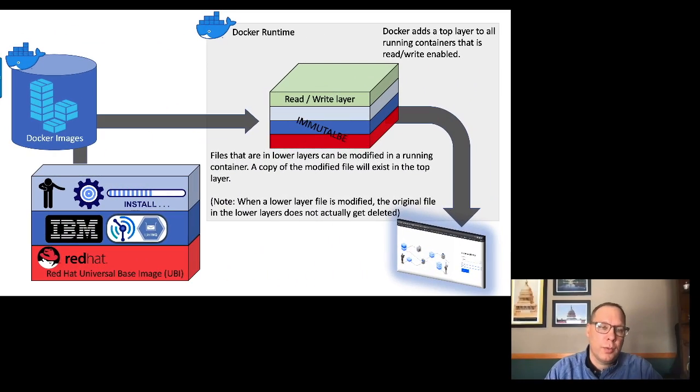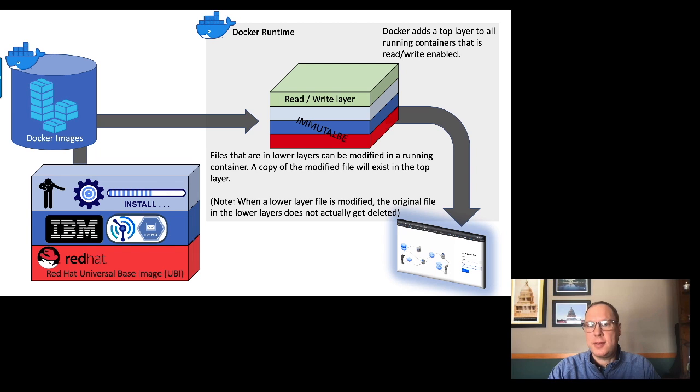Okay, so if you watched the previous video, we went through the steps that it takes to create the default MQ Advanced for developers container and get it running, and we can actually use it. It's all great, but it's not practical because when a container starts, the top layer is the read-write layer.